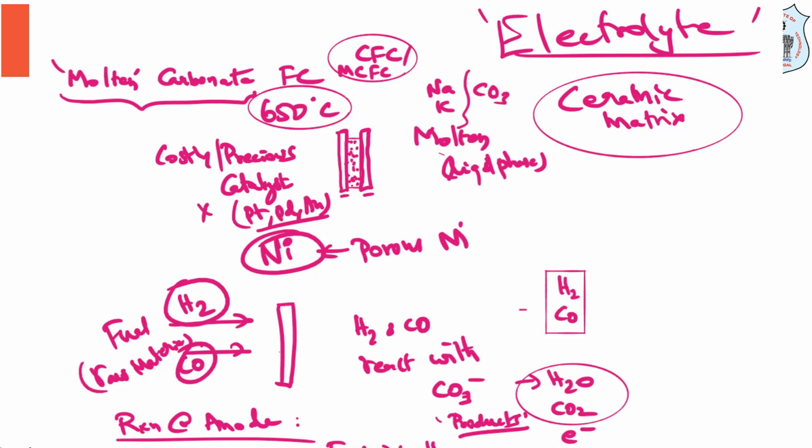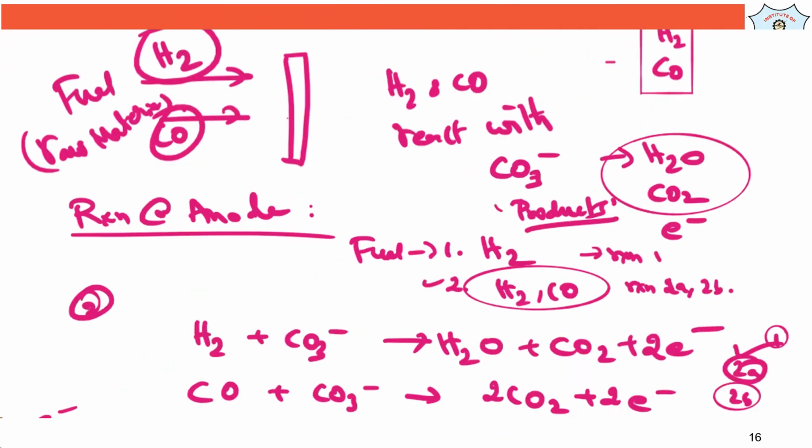So the fuel can be, in the first case, only hydrogen, and in the second case, hydrogen and carbon monoxide. For the second case, the hydrogen will react with carbonate to form H2O plus carbon dioxide plus electrons.